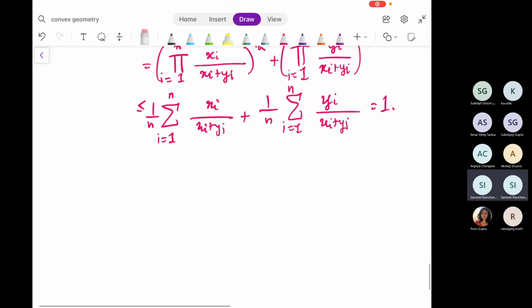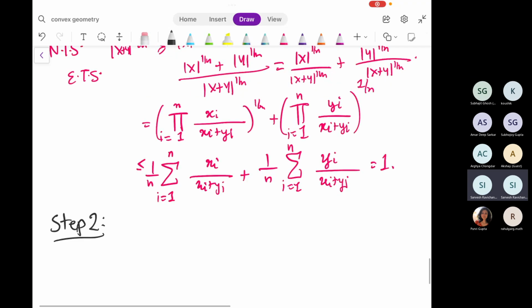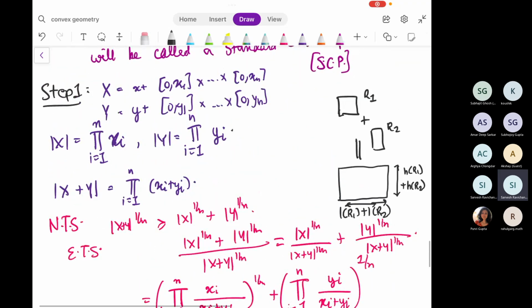Now the big question, or rather the big insight here, is actually in step 2. The question is, why did I translate big X and big Y by small x and small y? Perhaps that's not required.